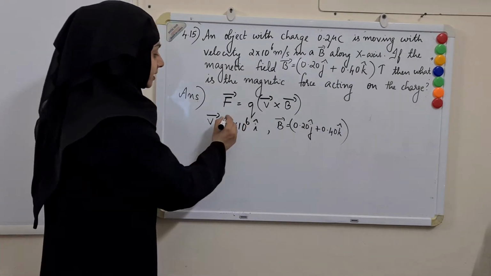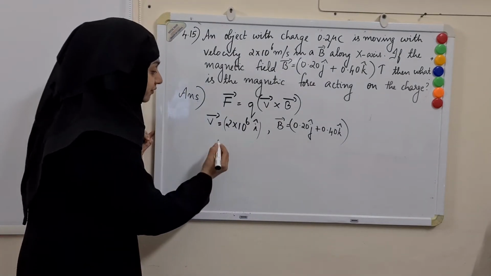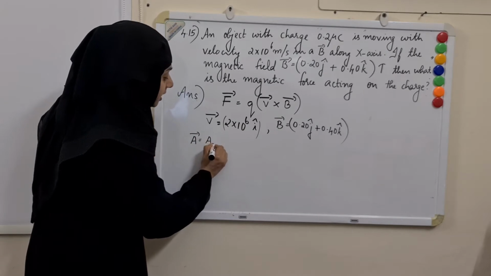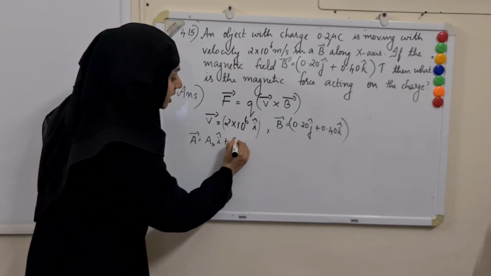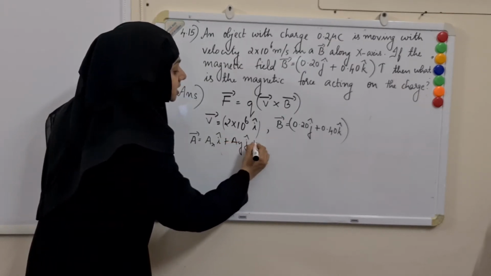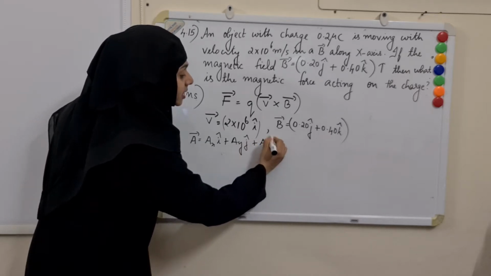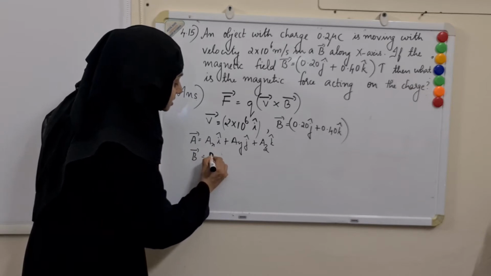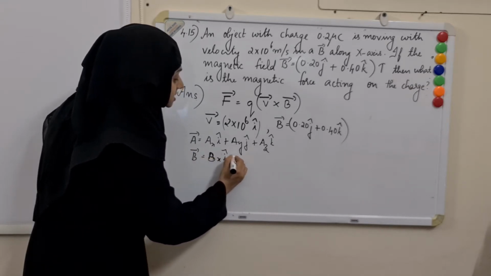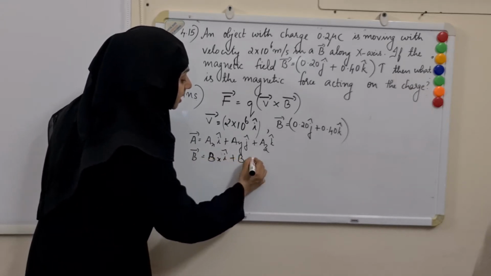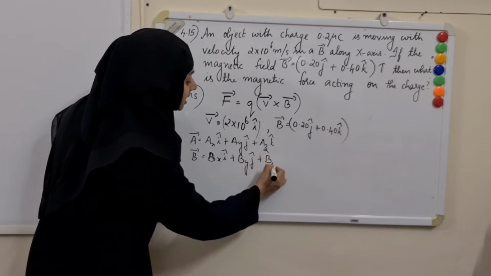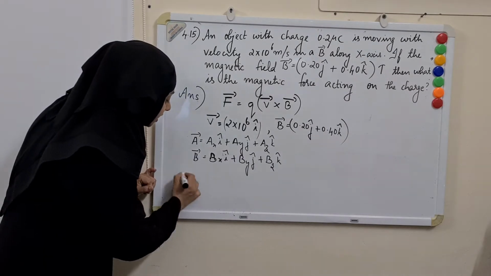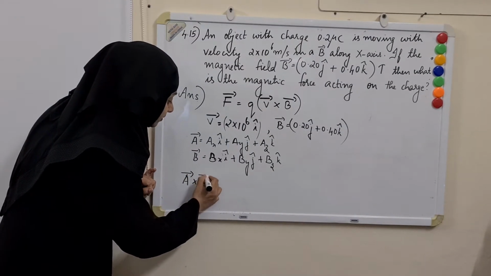Now remember, when you have two vectors in the form, vector A is equal to Ax i plus Ay j plus Az k, and another vector B is equal to Bx i plus By j plus Bz k, then how will you find A cross B?